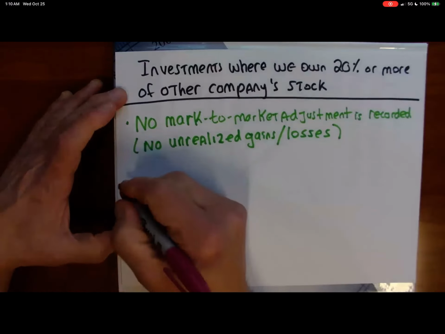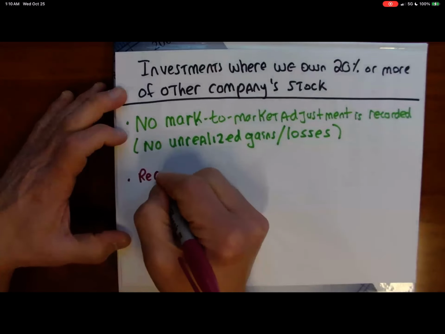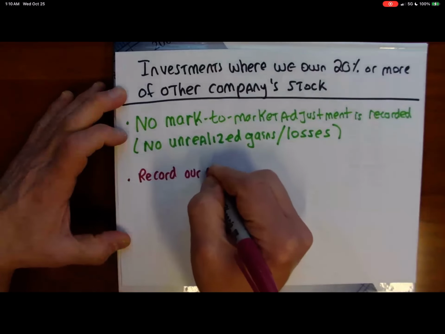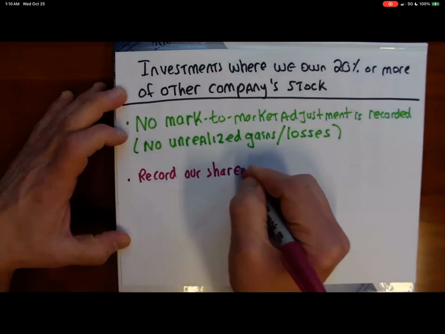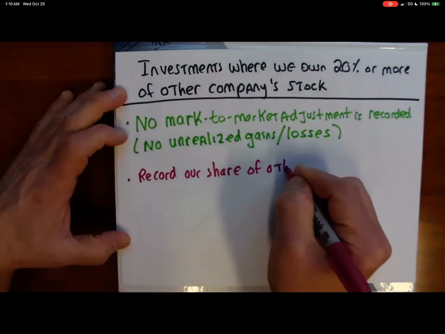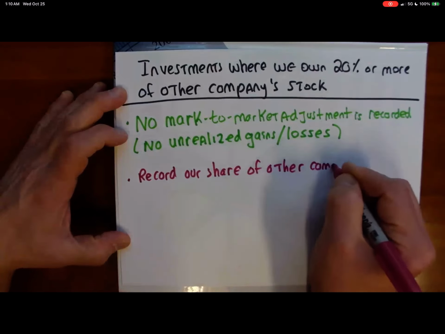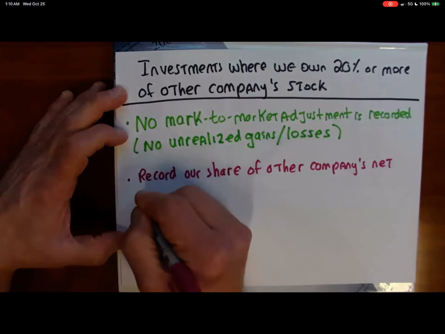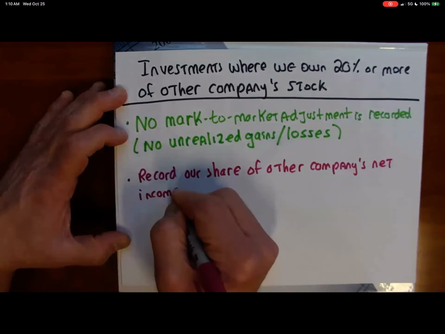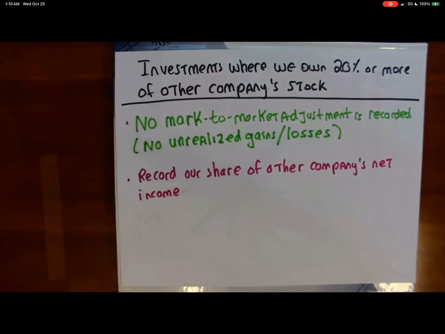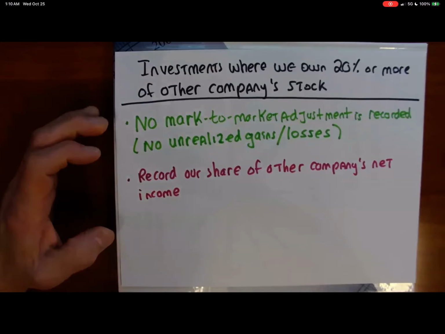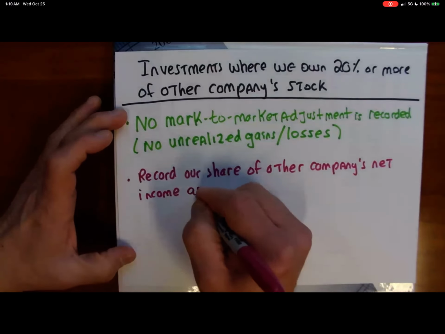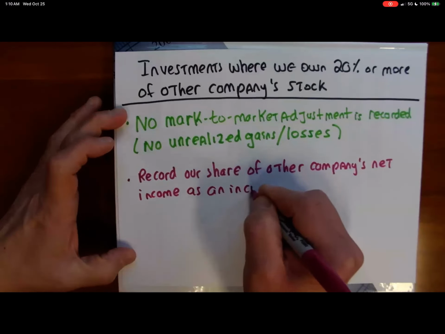So what we will do is record our share of the other company's net income. And you will record that as an increase to the investment account.